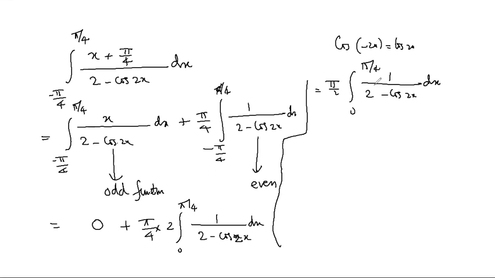Now tell me how to integrate 1 upon 2 minus cos 2x. Anybody? Change cos 2x to tan x, that means put tan x as t. Then x will become tan inverse t, so dx will become dt upon 1 plus t square.